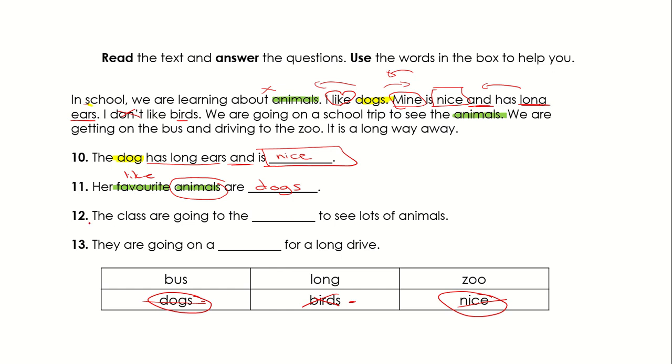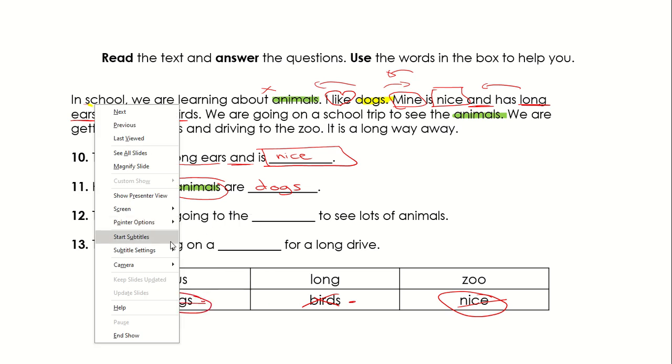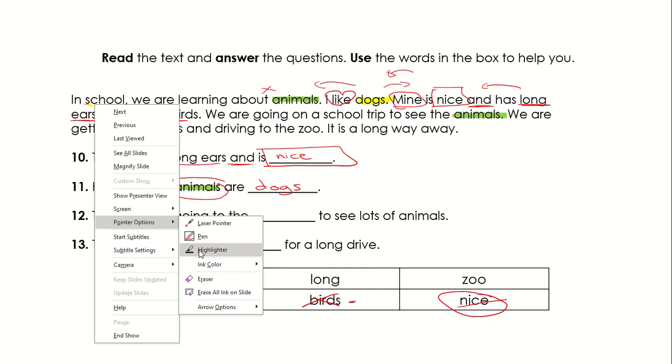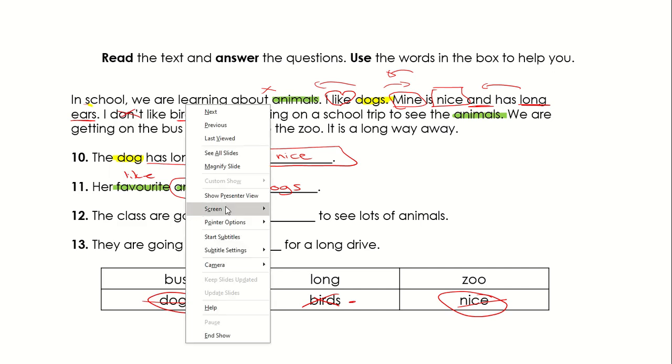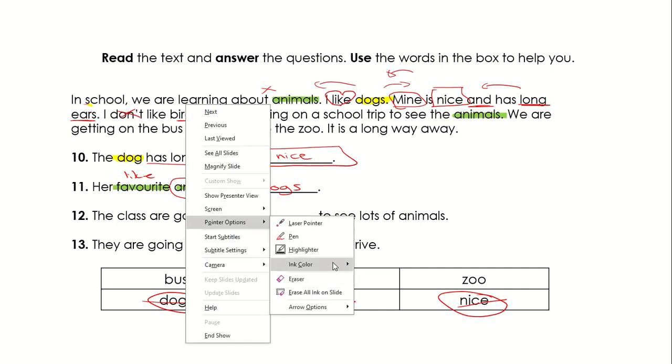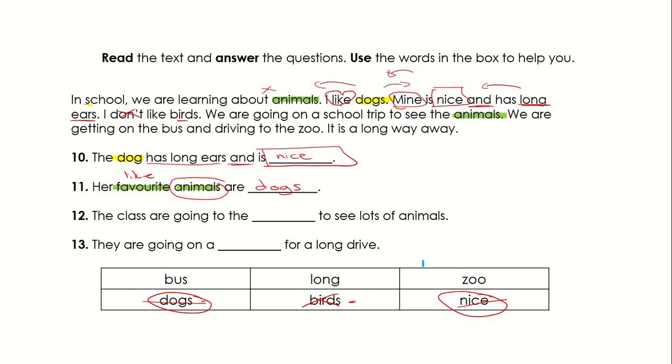Let's move on to number 12. Okay, number 12 says the class are going to the. We want to know a place to see lots of animals. So over here it says they're going on a school trip.